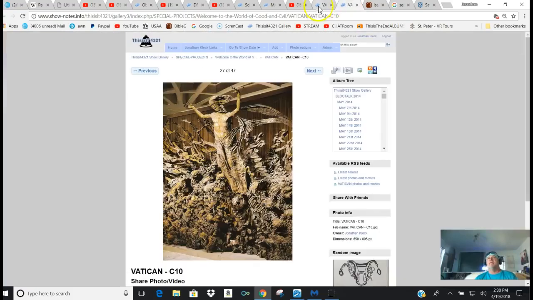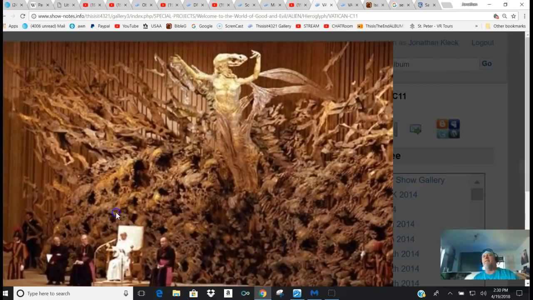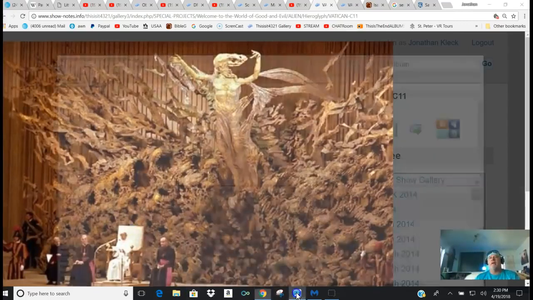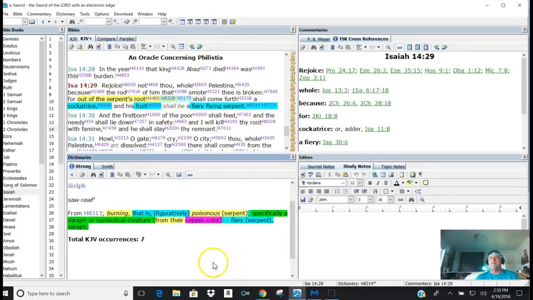Now let's look at it. Okay, it's made out of copper. I know that I just read right here that the fruit shall be a fiery flying serpent, a burning, that is figuratively poisonous serpent, specifically a seraph, which is from the Bible, from their copper color, fiery serpent.